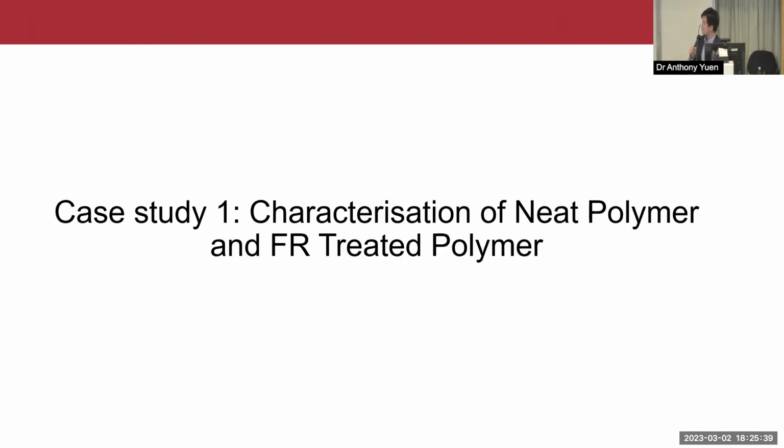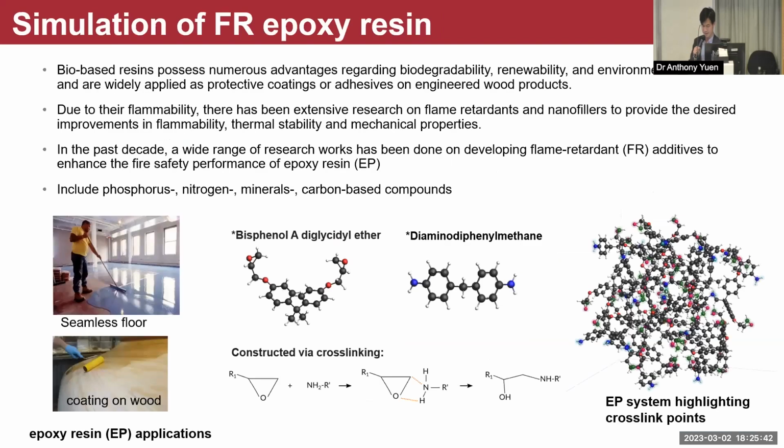So that's just one example, but there's more recent work on some more commonly applied materials in our daily life. For example, epoxy resin. We all know that epoxy is very popular because of its biodegradability, environmental friendliness, and so forth.